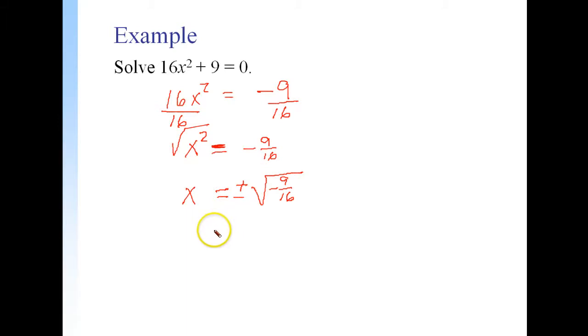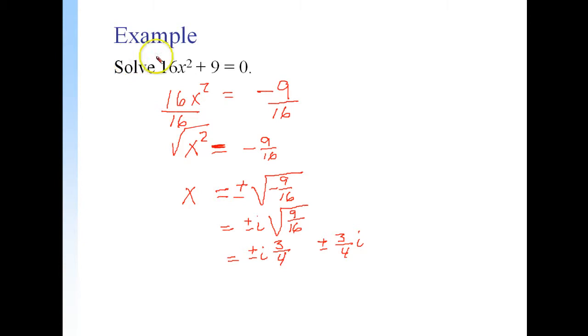Well, in our previous lesson, we said we could take out the square root of negative 1 here, and that would be plus or minus i times the square root of 9/16, and we know that both of these are perfect squares, and we usually write it as plus or minus 3/4 i.